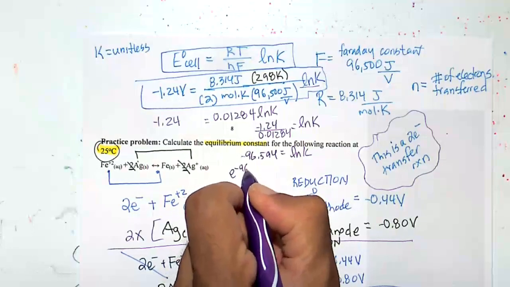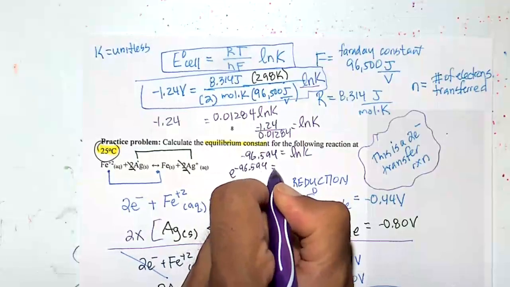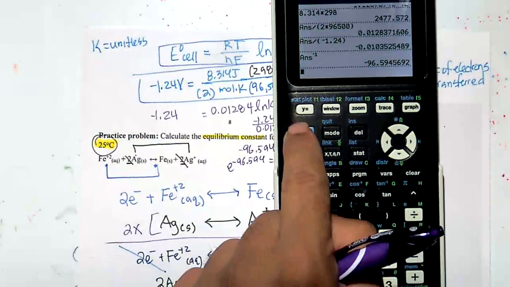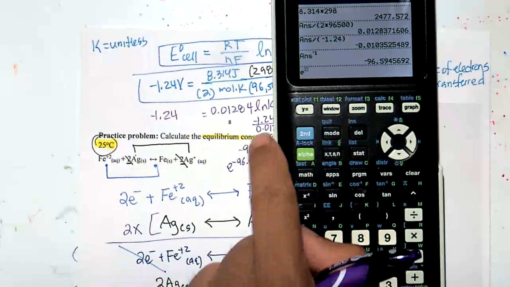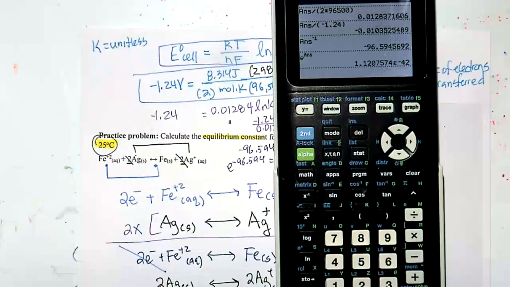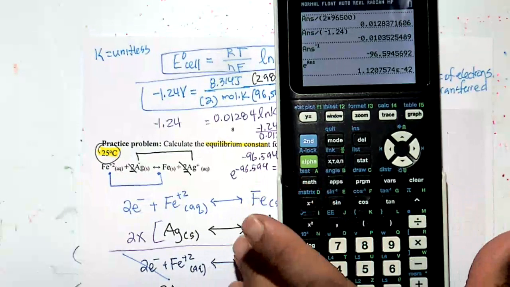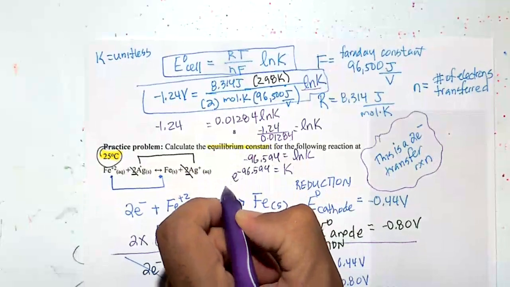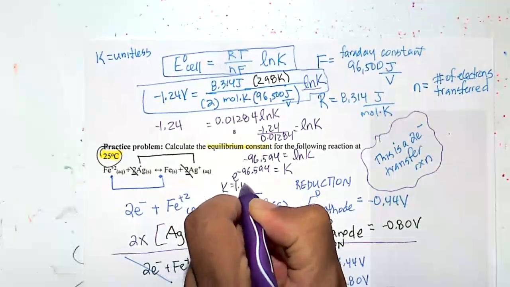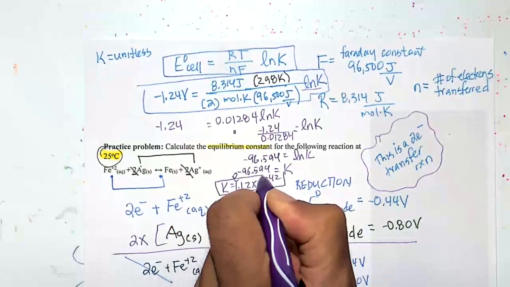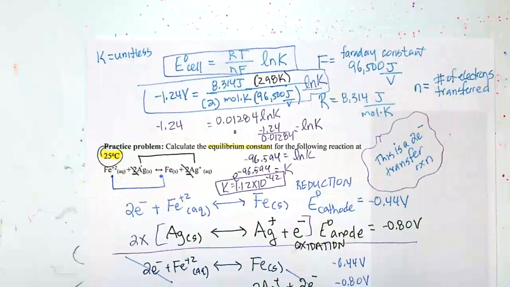So e to the power of this should give me K. Let's see on Eric's calculator how we can do it. Getting 1.12 times 10 to the minus 42. This looks to be the answer.